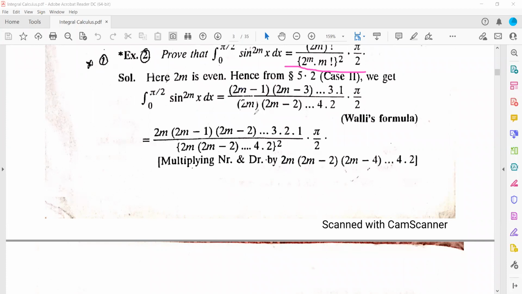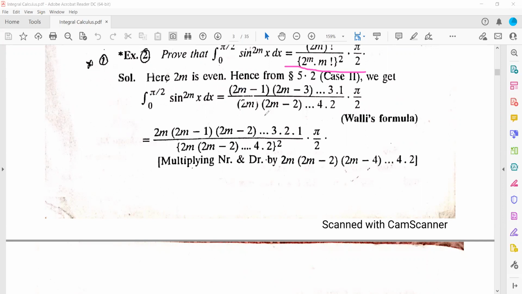Similarly, the denominator part is twice m minus 2, then twice m minus 4, like this, 4, 2. So the denominator parts are all even. So what difference are you getting? The numerator part is all odd and the denominator part is all even.